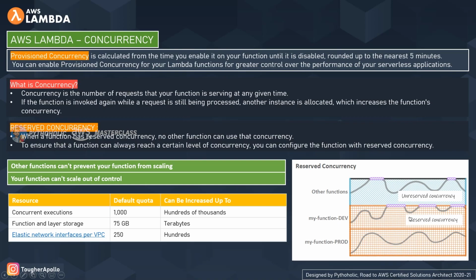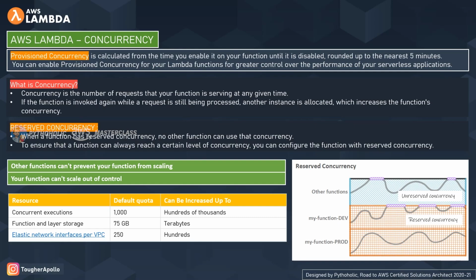By this, you can realize that when the function myFunctionDev throttles, it doesn't exceed the concurrency limit. And the other functions which are running on the unreserved concurrency won't be able to prevent myFunctionDev from scaling. Only that function will be able to run with that reserved concurrency, as it's implied that it has been reserved.